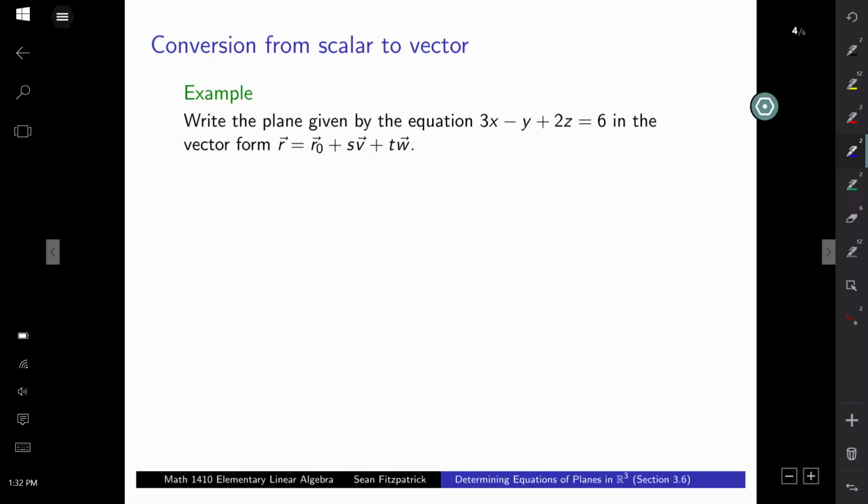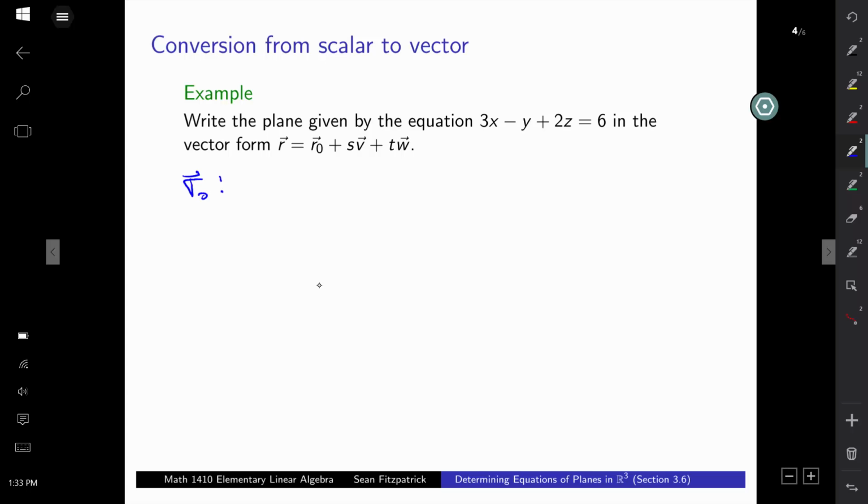Okay. All right, let's try another example. What if we wanted to go in the other direction? What if we wanted to take something given in scalar form and write it in vector form? So one of the things we can do here, well, the first thing we need is what's our r naught? We need a point, right?